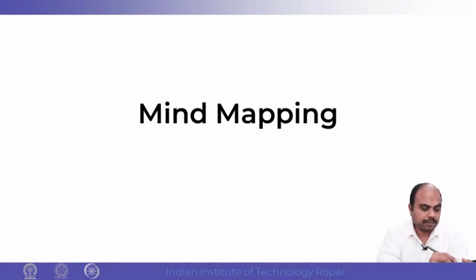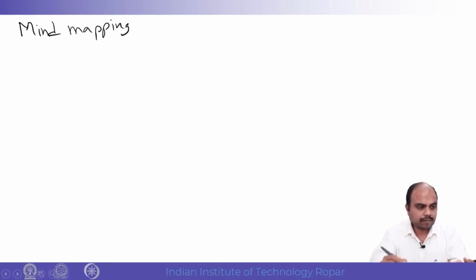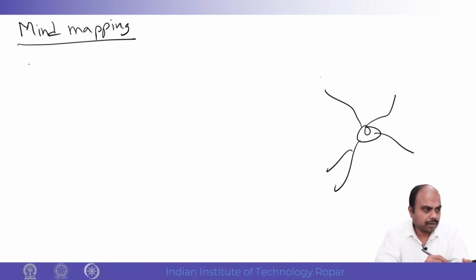Now we will be learning about mind mapping. Mind mapping is basically a diagram which is used to represent. It is a visual diagram.